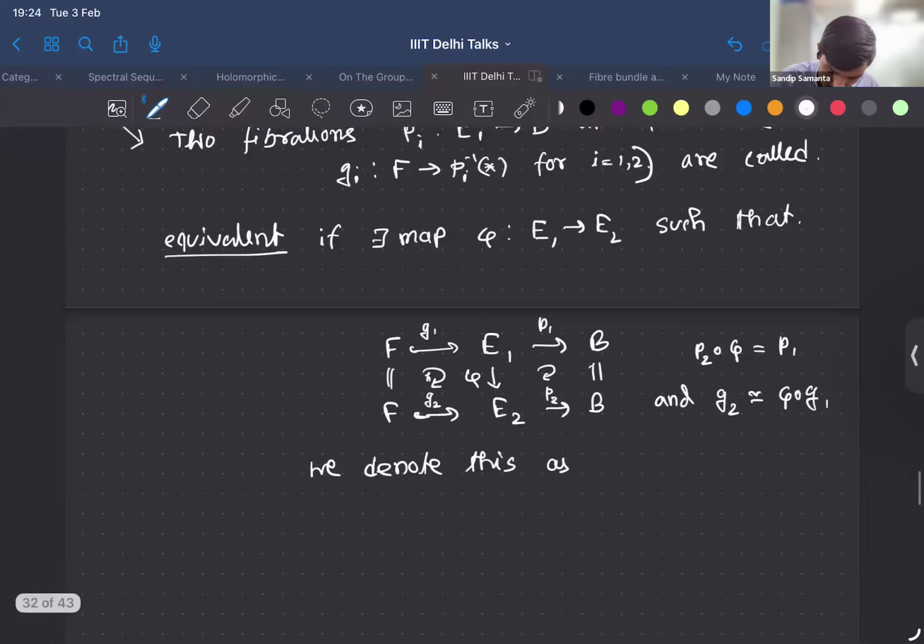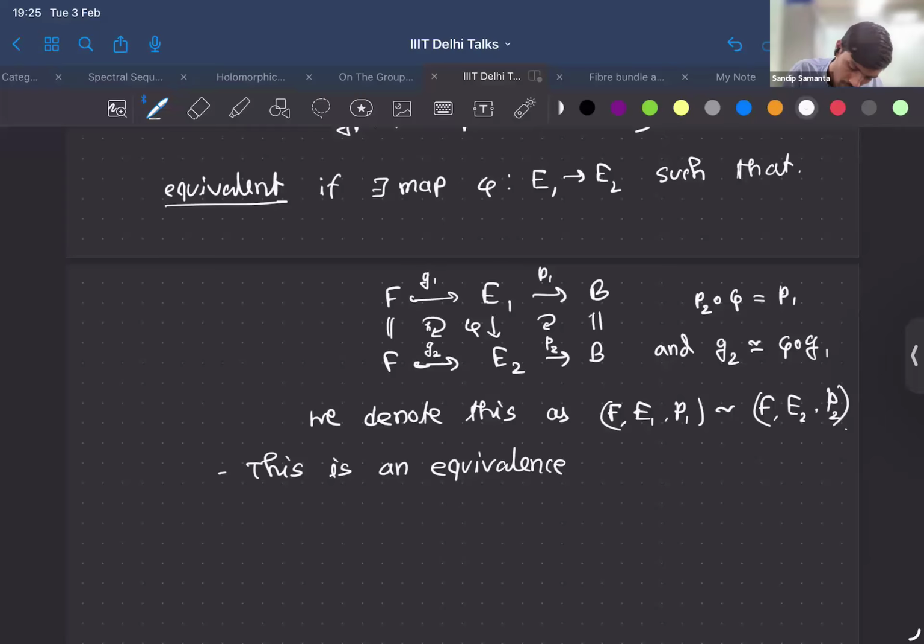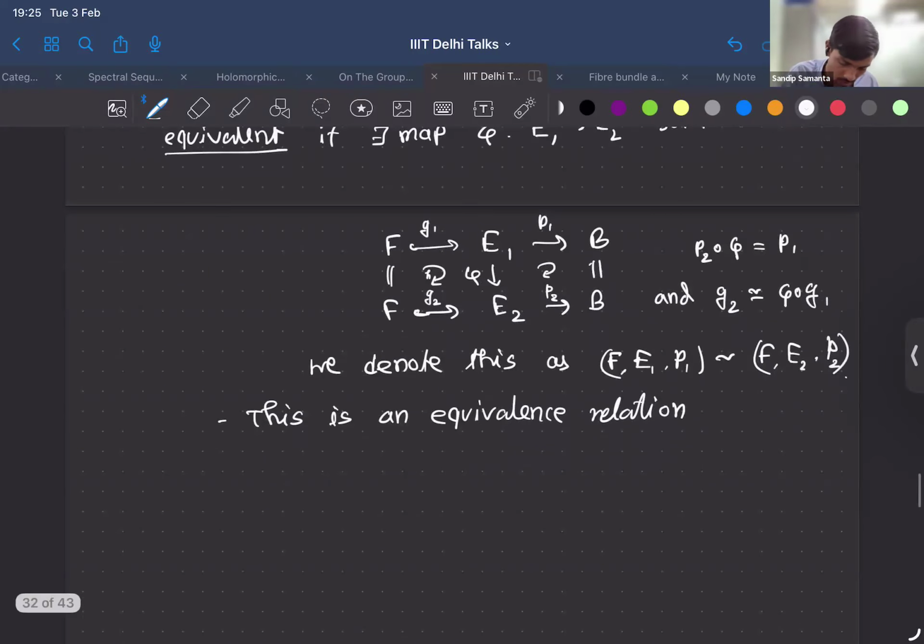So there are three things: E1 with p1, E2 with p2, over the same base space B, and this is an equivalence relation. The condition of equivalence is almost the same as for the fiber bundle or principal G bundle.